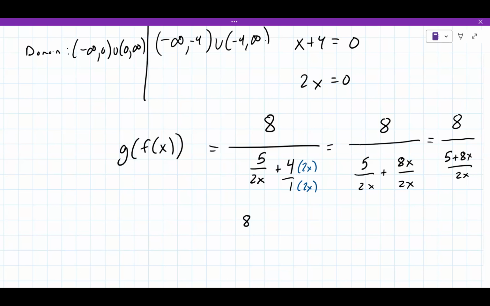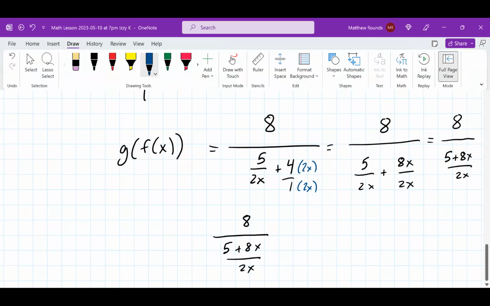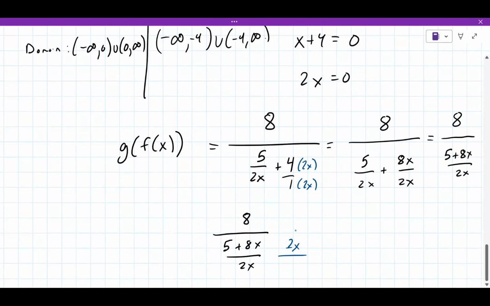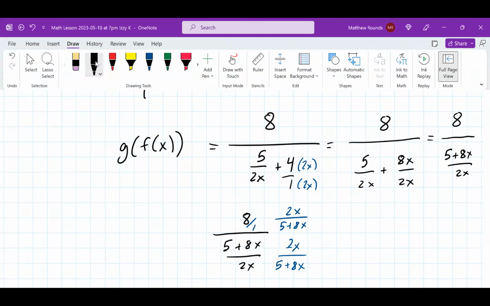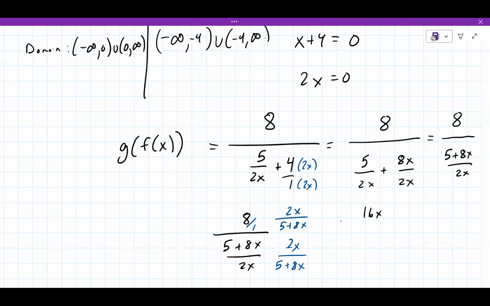So it ends up being like you're multiplying by the reciprocal. I'm going to show that here. You're multiplying the top and bottom by the reciprocal. And so the 8 is really 8 over 1. And that's why the 2x ends up going to the top. It ends up being 16x over 5 plus 8x.